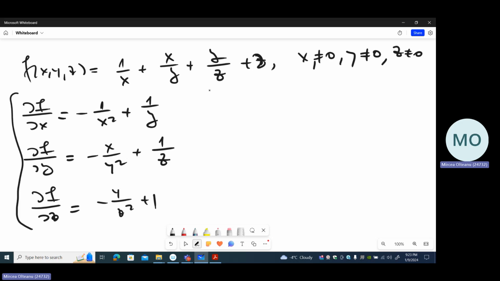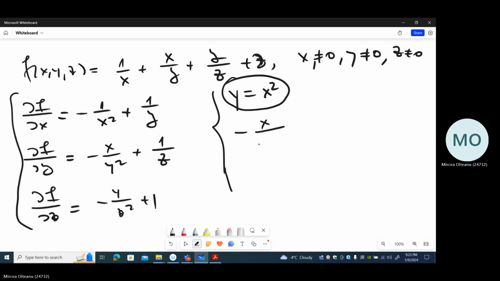Okay, now the critical points will be given by the following system. From the first equation, actually, we have y equals x squared. From the second equation, we replace y by x squared in each of the other 2 equations. So there will be minus x over x to the 4 plus 1 over z equals 0.